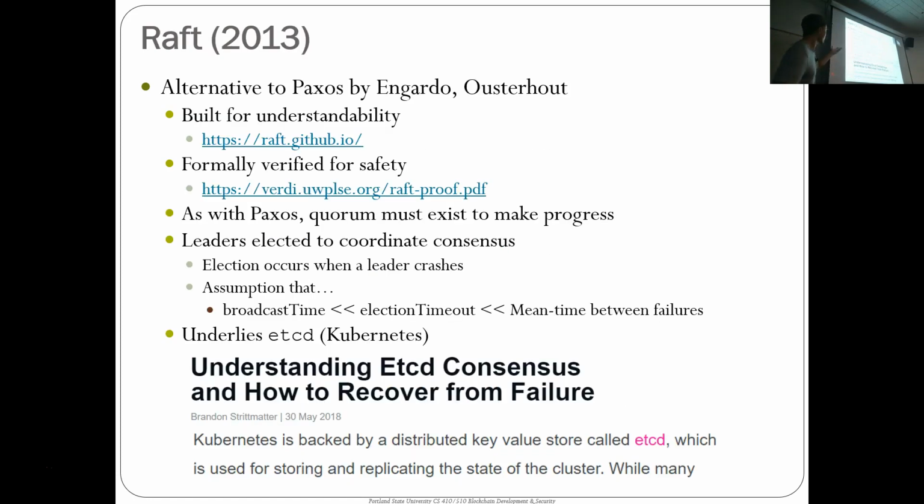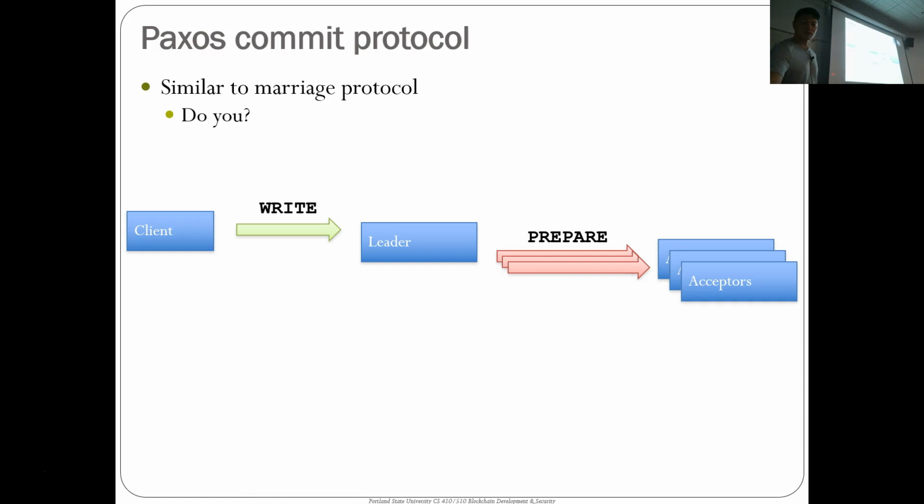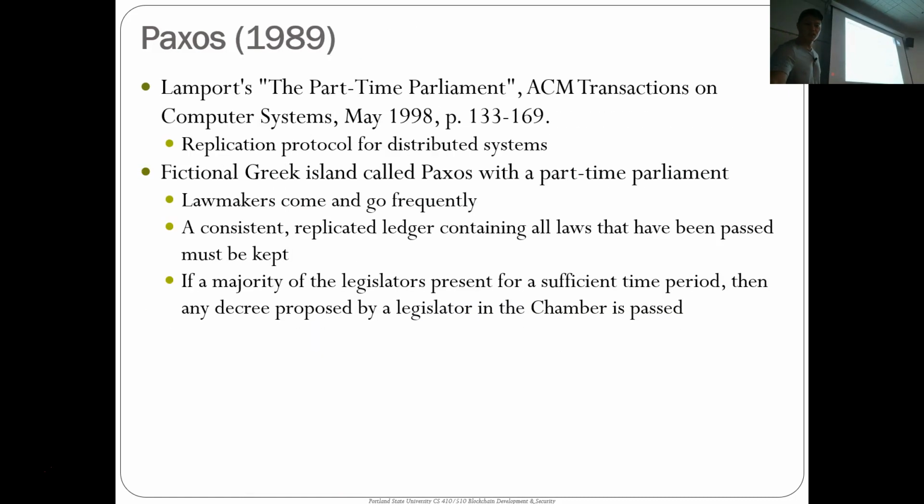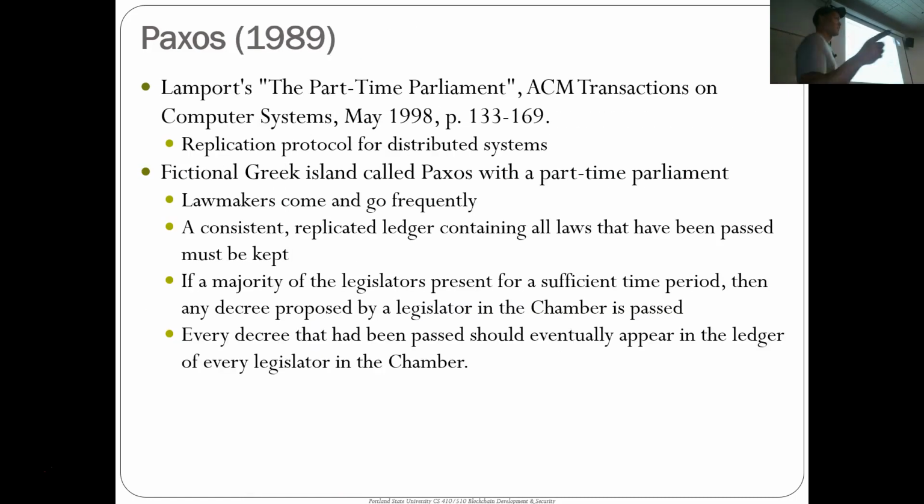Okay. Raft is another system that's similar to Paxos. A little bit of history, and this is in the extra slides that I skipped: Paxos was proposed in 1989. The paper was rejected, and it was so complex that nobody tried implementing it until like 1995.